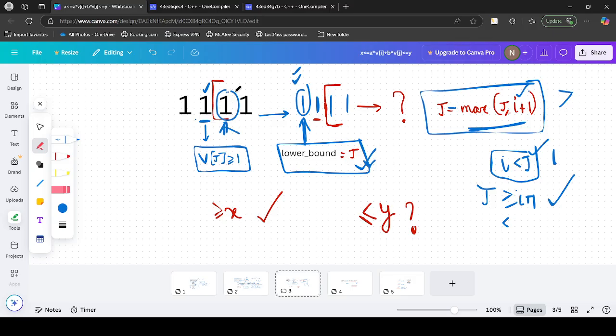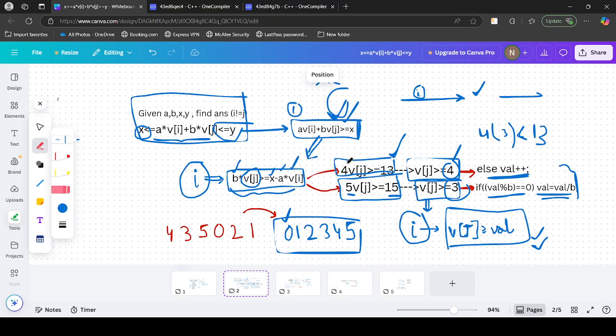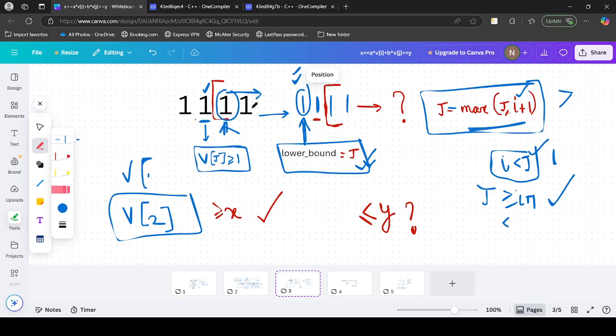Now all the numbers after it will also be satisfied, because the sum of numbers at index 1 and index 2 is greater than or equal to some given value. All the numbers on the right side are greater than or equal to v of 2, so obviously their sum will still be greater than or equal to the given number. Our main condition is that the sum is greater than or equal to x. So if we find the least index that is satisfying, every index after it will also satisfy the given condition.